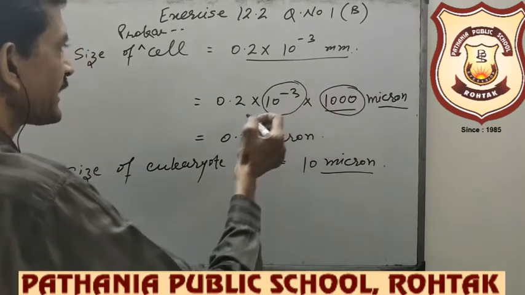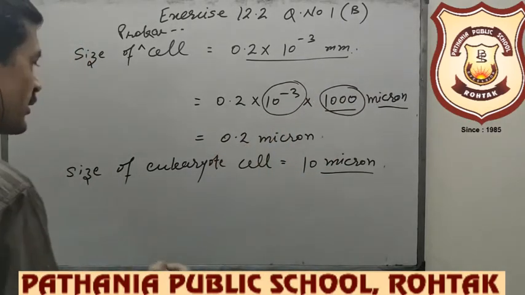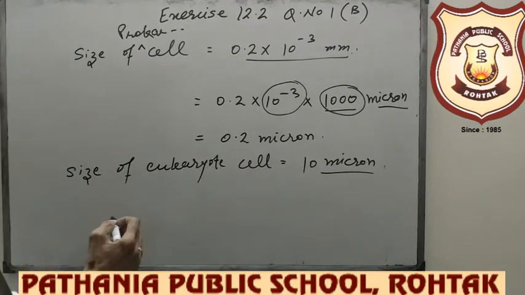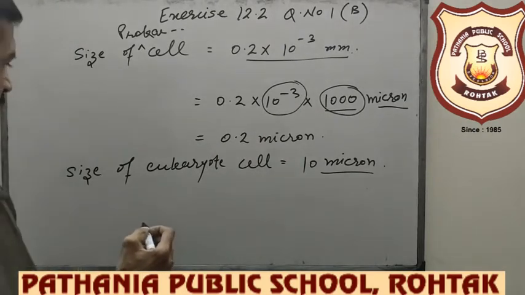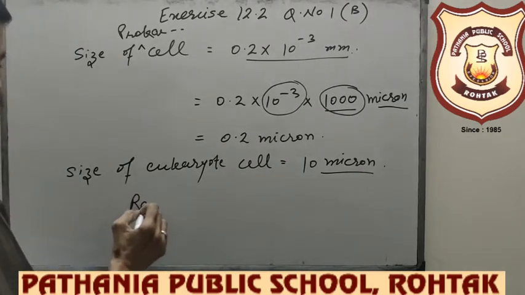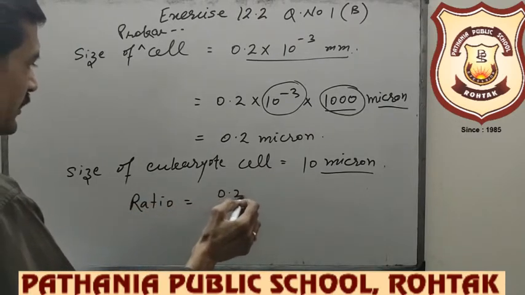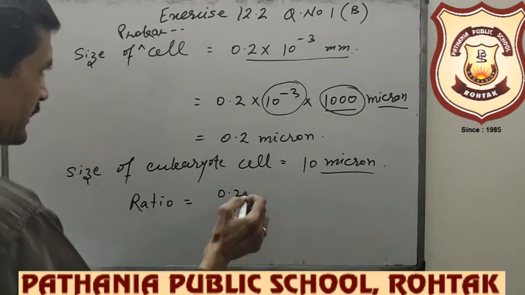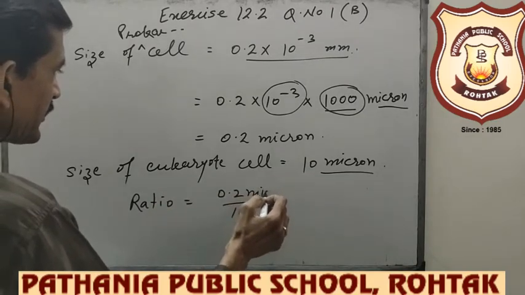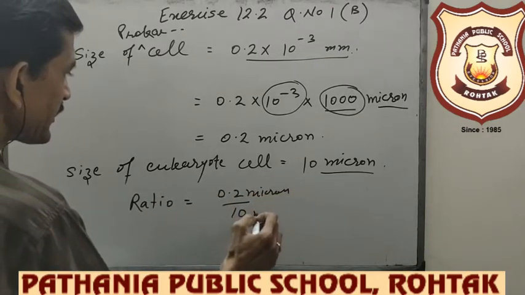So both are cancelled. It is 0.2 micron. Now compare the ratio of their size. Ratio is what? 0.2 upon 10. This is also in micron and this is also in micron.